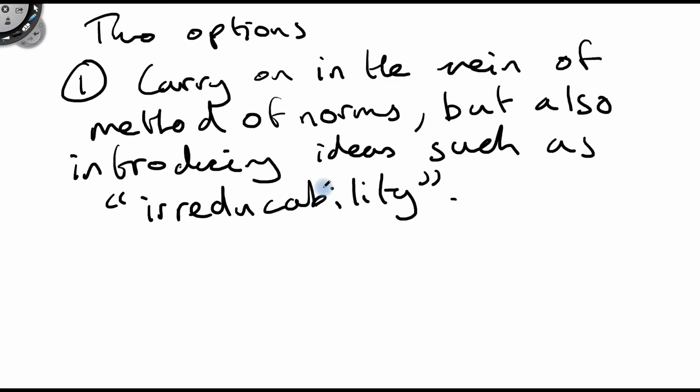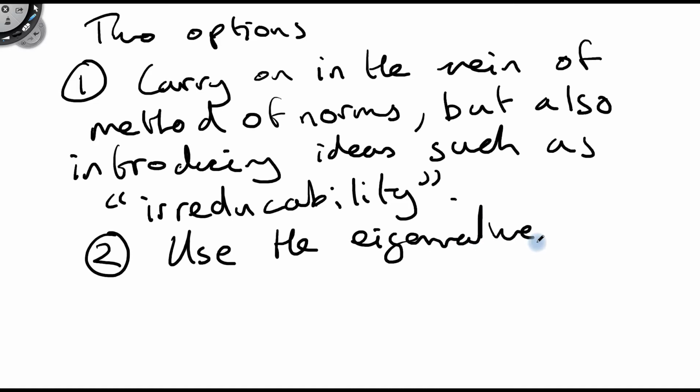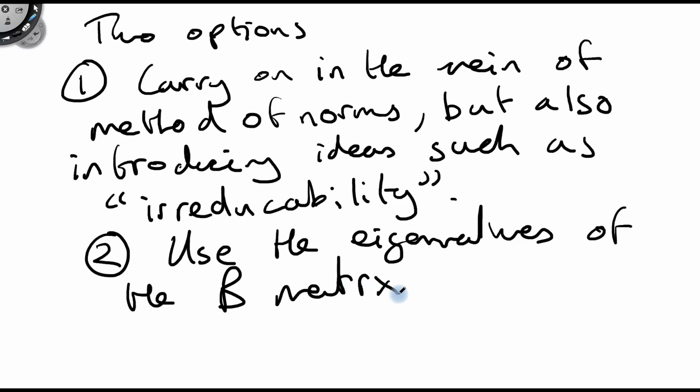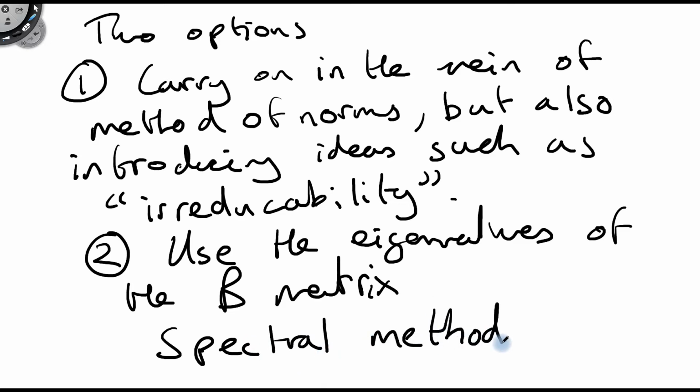But actually, there's a practical way: use the eigenvalues of the B matrix, and this is going to be called the spectral method. It's quite a common coursework to set the spectral method, and it will involve computing the eigenvalues of the B matrix.